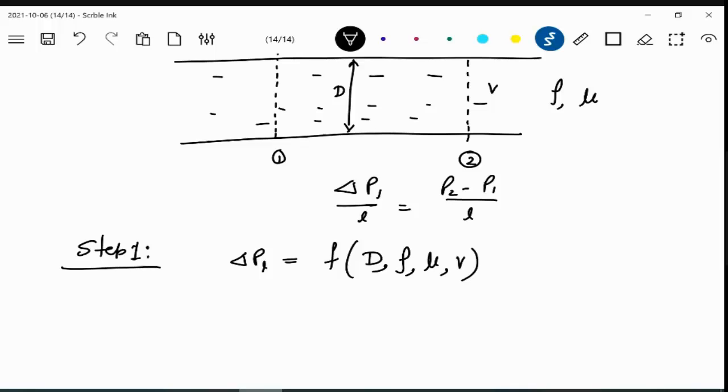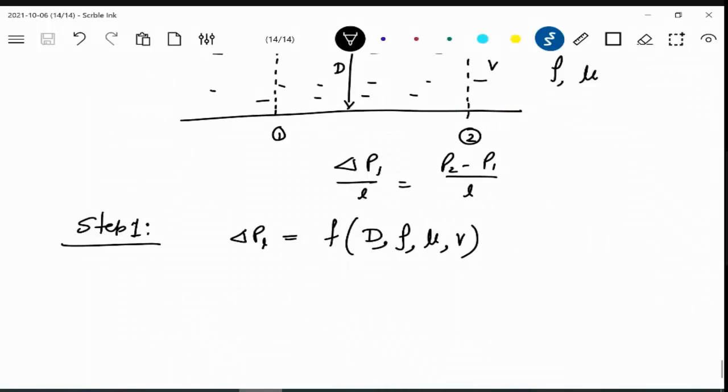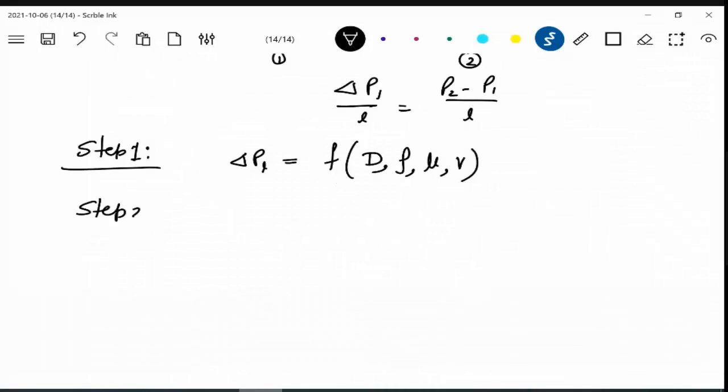We are making an assumption based upon previous experience that this pressure gradient is a function of 4 variables. Now the second step is to write down the dimensions of all the variables. Basically in this case 5 variables, as this is also a 5th variable.